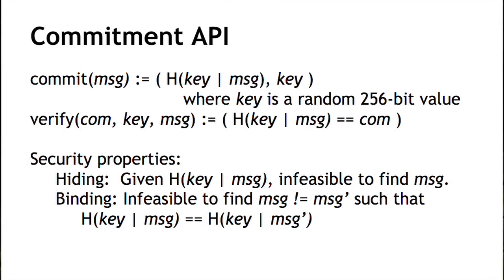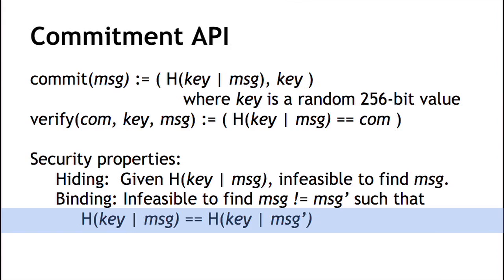So now the security properties, if we go down to the security properties that were at the bottom of the previous slide, and we just plug in the definitions of how we're going to implement this here, this used to say COM, given COM, infeasible to find message, we just plug in what COM is. COM is the hash of key concatenated with message. And similarly down here, this is what happens when we take what was written there before and plug in the definition of verify and COM.